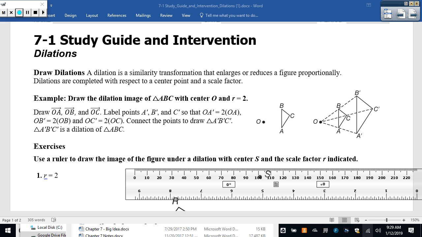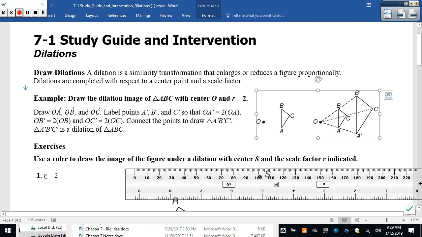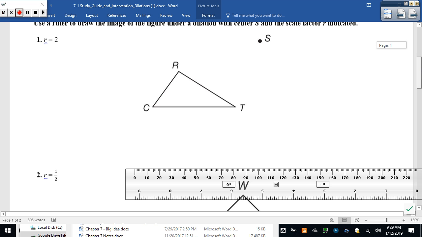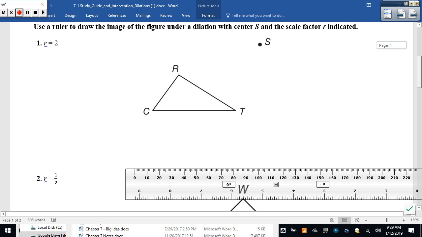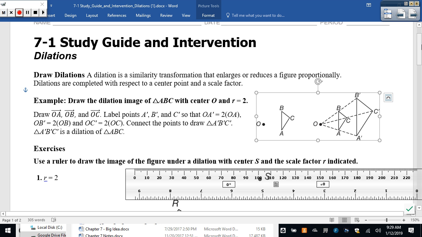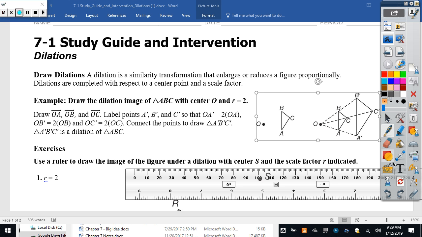As we take a look at the first page here, you are going to need your compass and a straight edge to construct this first dilation. Maybe one thing we should put at the top of our paper is what this term scale factor means.